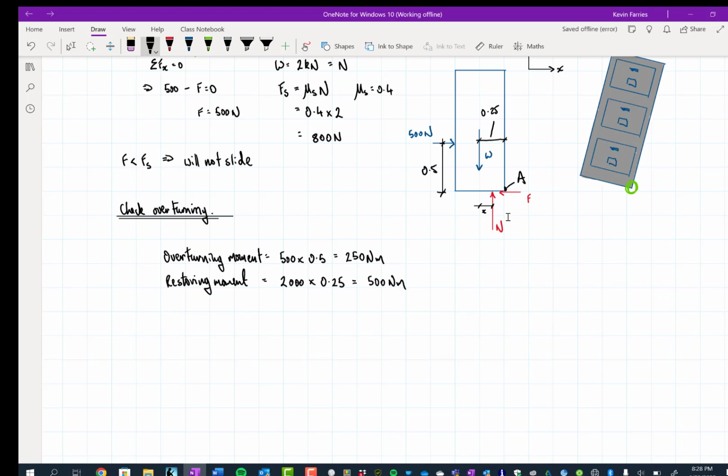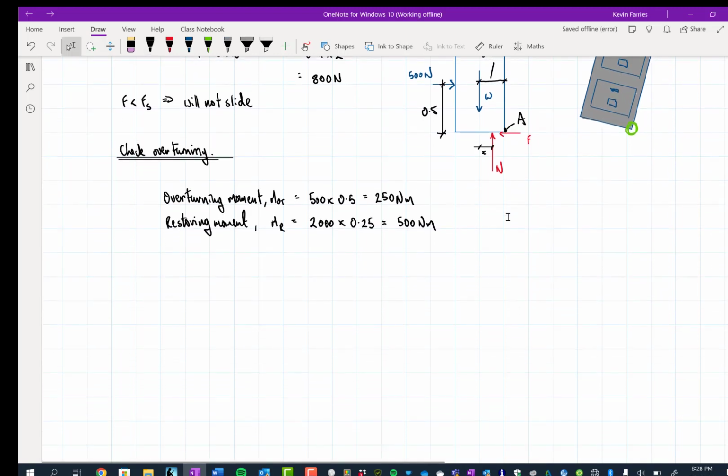It might be handier to give those some letters, so let's do that: MOT, MR. So the restoring moment, what's making this thing sit back down, is greater than the overturning moment, what's trying to push it over.